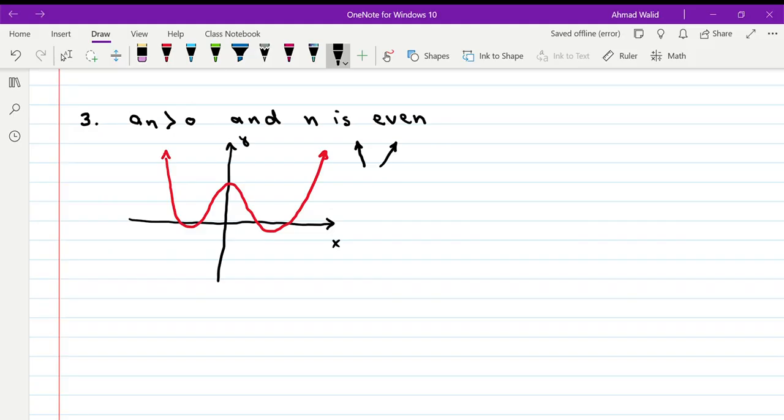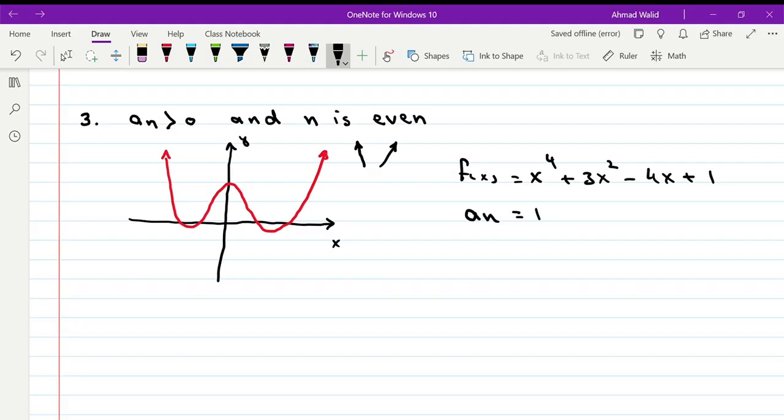Correct? Now, if they give me a function like this, f of x equals x to the power of 4 plus 3x squared minus 4x plus 1, and they ask you what is the end behavior of this graph, even if you don't have the graph, by looking at the function, I know that a sub n is equal to 1.